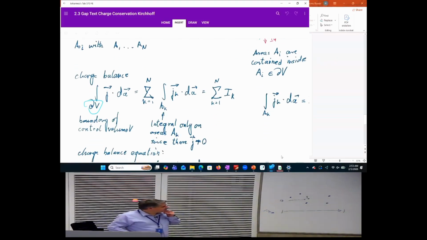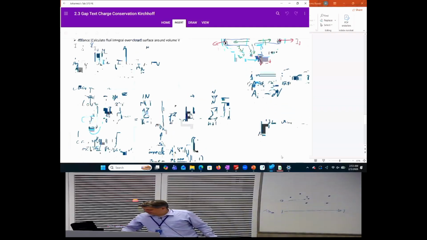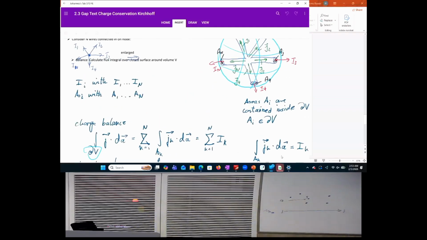And by that, when you look at the current balance equation, you can now take this surface integral over the current density, and that will only give you contributions at the respective locations where you have an intersection of that surface with any of these wires. So this is given here. You only have to integrate over these discrete places where you have a wire going through this surface.